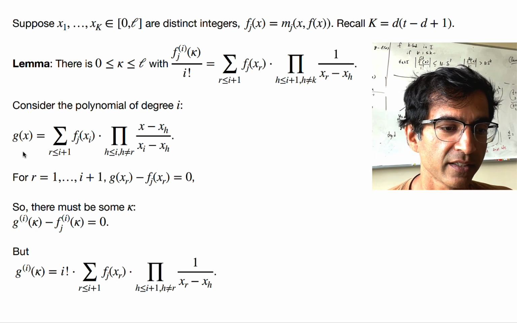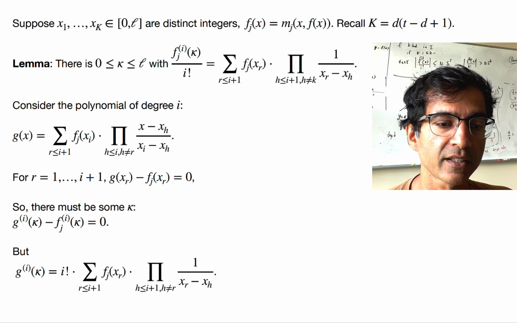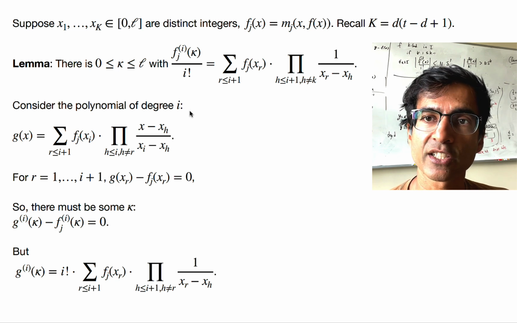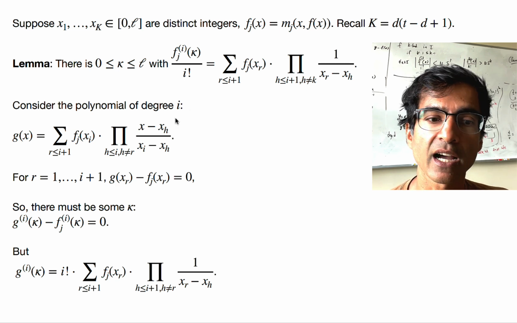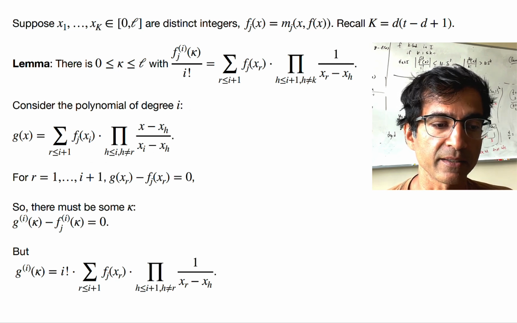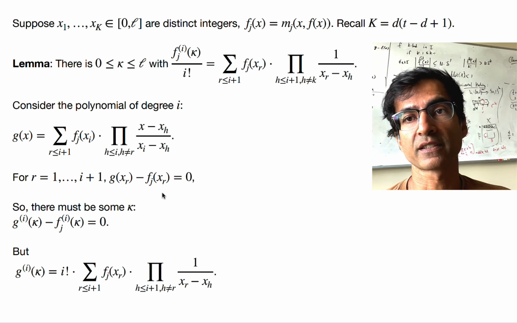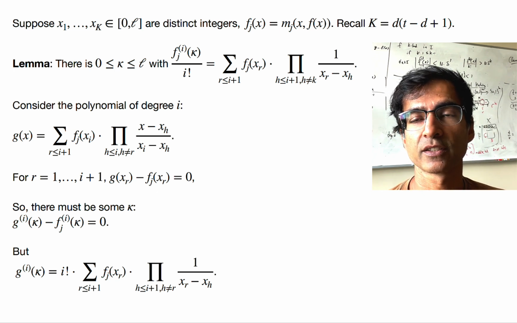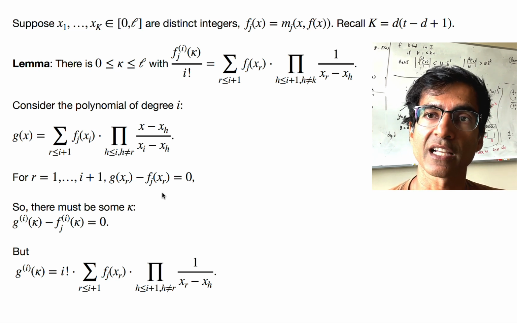So the point is that you can easily construct by interpolation a polynomial g of degree i that agrees with f on the first i plus 1 points.